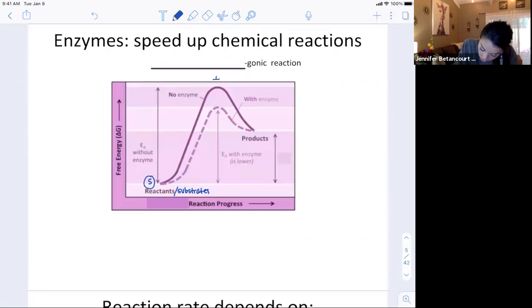Here's the transition state, and here's your product. Okay. This time, the amount of energy needed, so let's just draw it, was this big chunk of energy. So this is your activation energy. And then the amount of energy released was less. Okay, so here's the energy released.